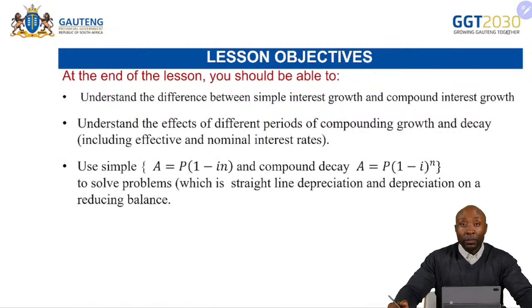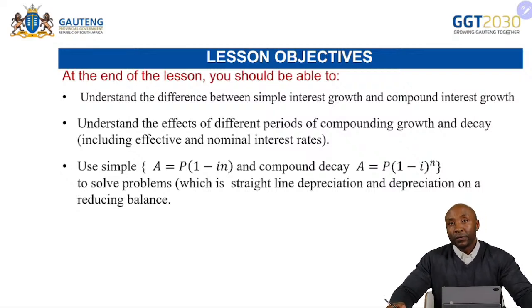We should also be able to use the simple interest decay and the compound interest decay, which are given by the formulas that you know, to solve problems which involve straight line decay and reducing balance depreciation.